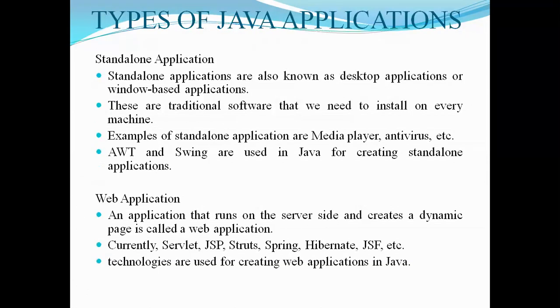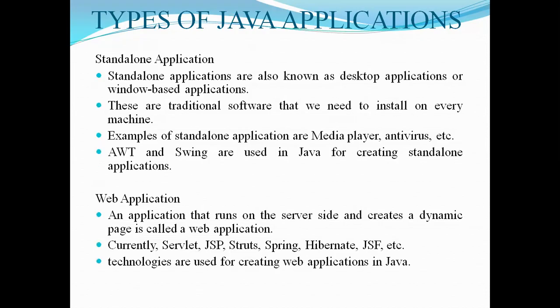Now we'll see what are the types of Java applications. First one is the standalone applications. Standalone applications are also known as desktop applications or Windows-based applications. For example, consider a one-tier application where a user and the system are present.